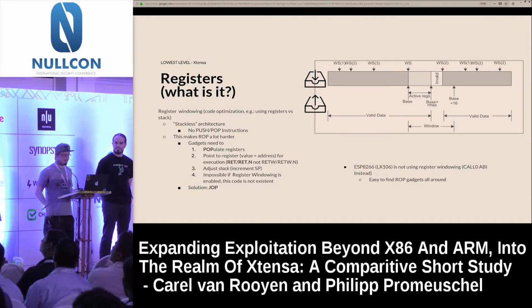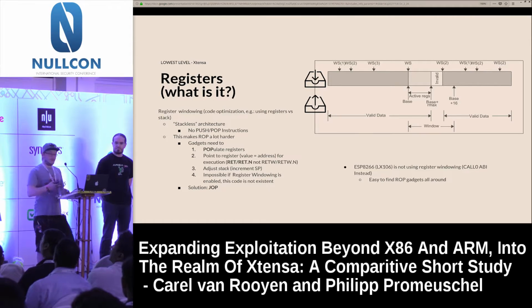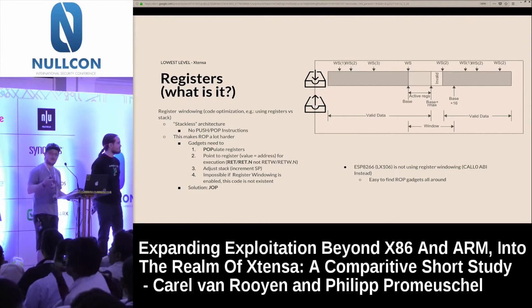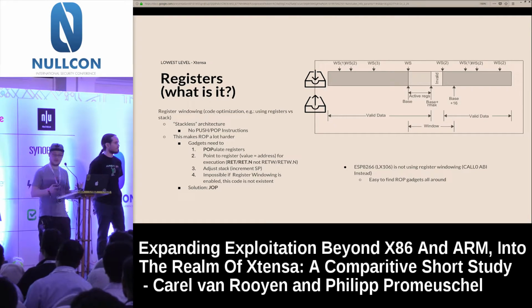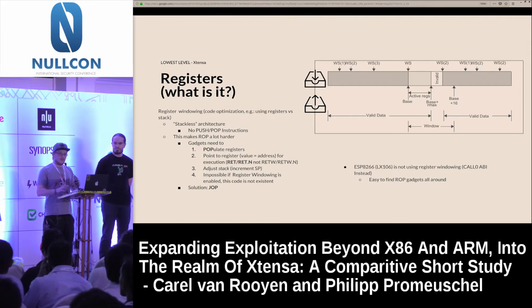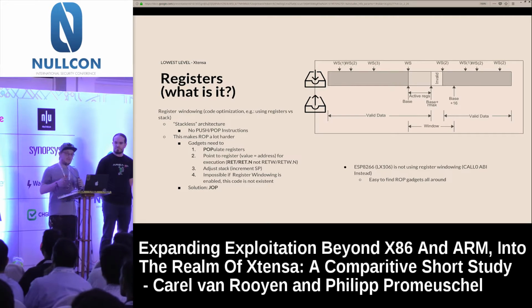I go into more detail on the next slide. This makes it, however, a lot harder to exploit. We cannot just do ROP, because a ROP gadget needs to populate registers. It needs to increase the stack pointer afterwards, so we get to the next gadget or our arguments for the function call we want to do. So right now, it's more or less impossible to do a ROP chain as we know it on ARM, not on ARM, on ESP32, because of the register windowing.